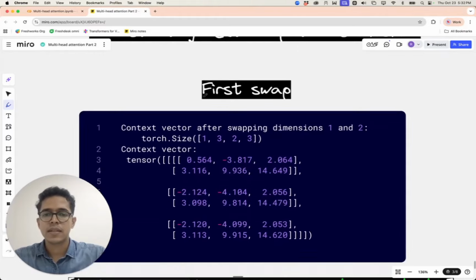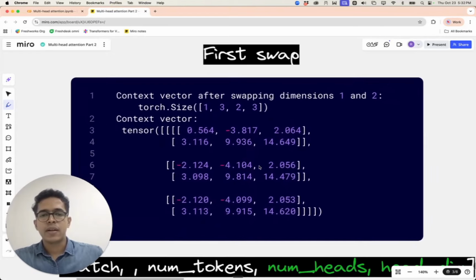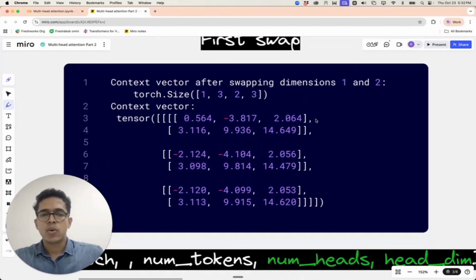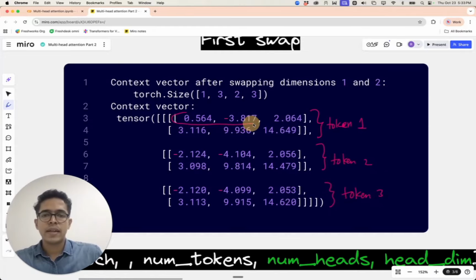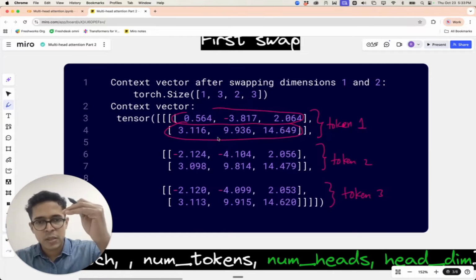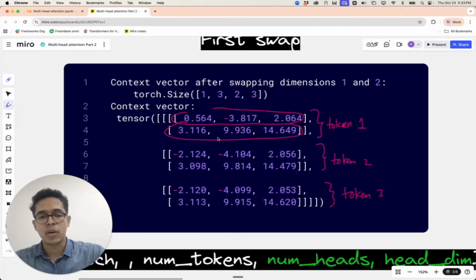So this is after swapping. Now where are our three tokens? This is token number 1. This is token 2. And this is token 3. We had 3 tokens. Now all we need to do is concatenate this and this, basically combine the last 2 dimensions to make it one 6-dimensional token, instead of token 1 split into 2 3-dimensional tokens.